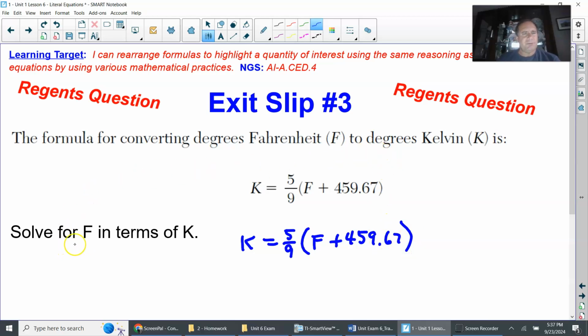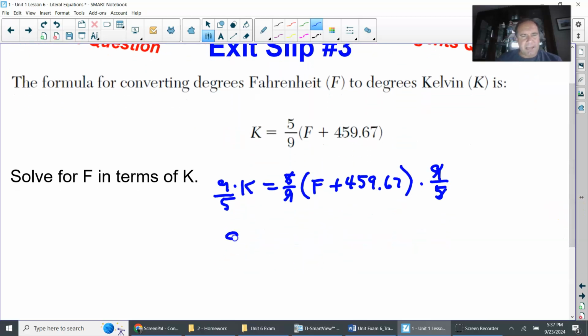And they want you to solve for F. So get rid of that fraction. And I multiply by the wrong thing. So multiply by the reciprocal, 9 over 5. And the way I'm going to write that, this 9 cancels with this 9, this cancels with that.